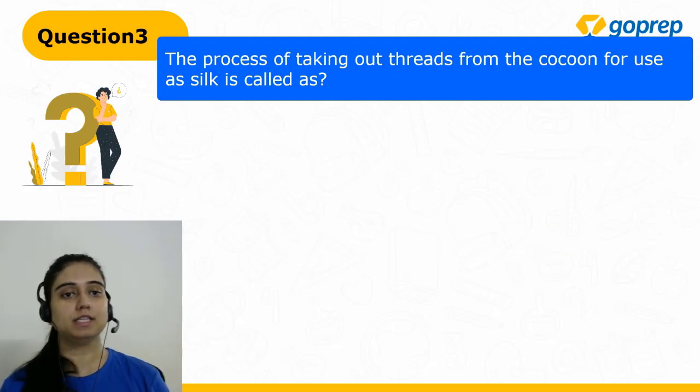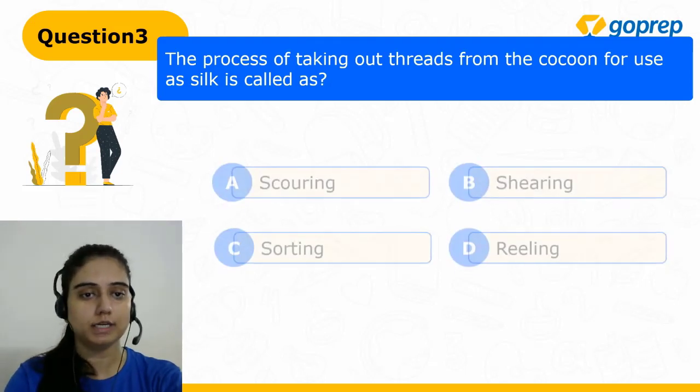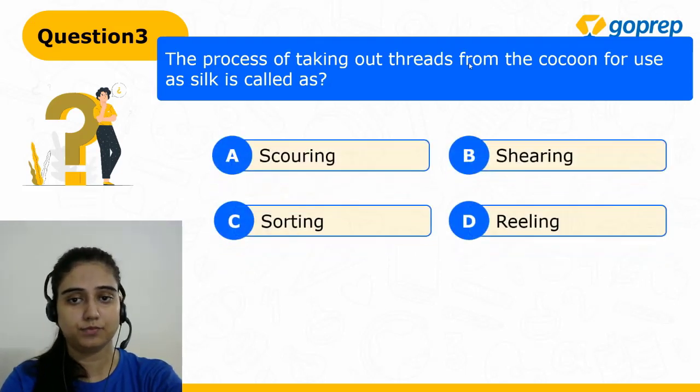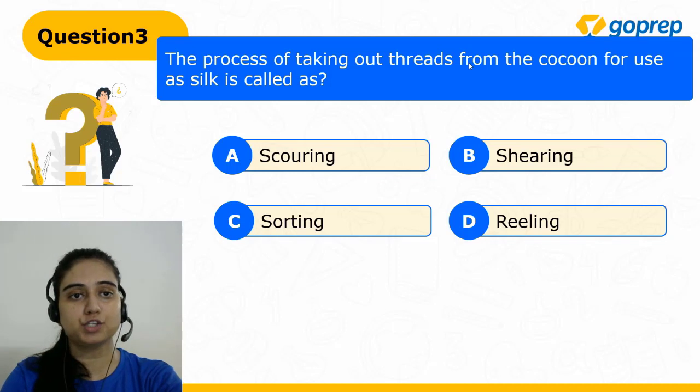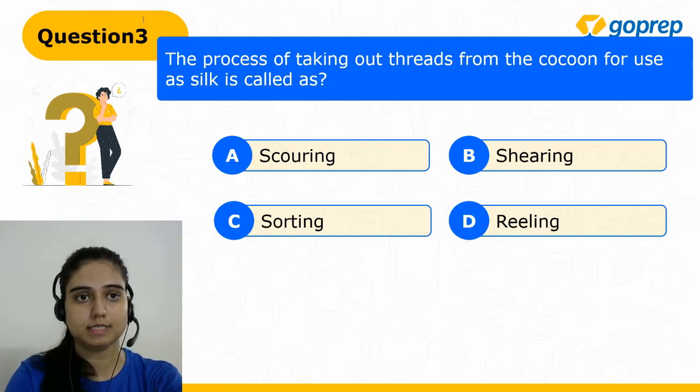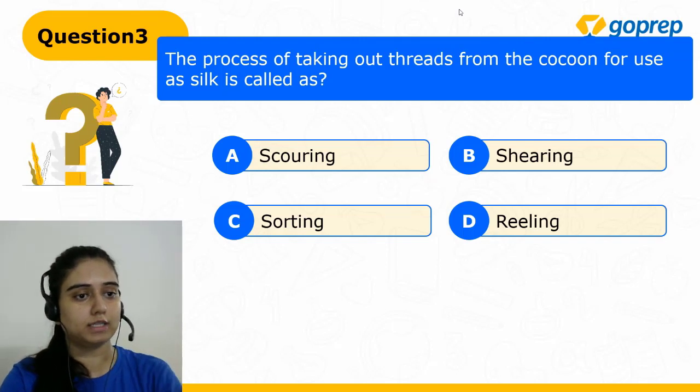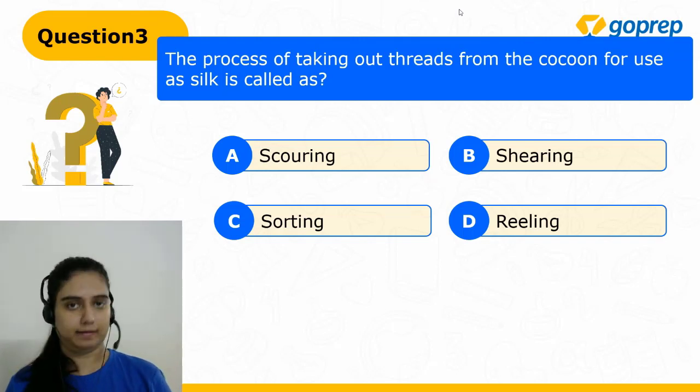Now let's see the next question: the process of taking off threads from the cocoon for use as silk is called. We have these four options in front of us, students. And yes, the correct option is silk reeling.